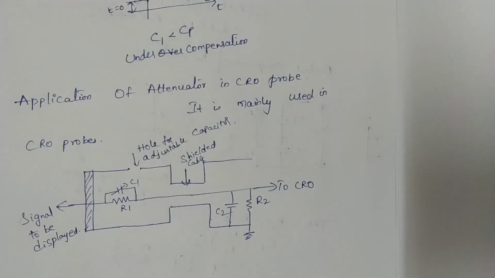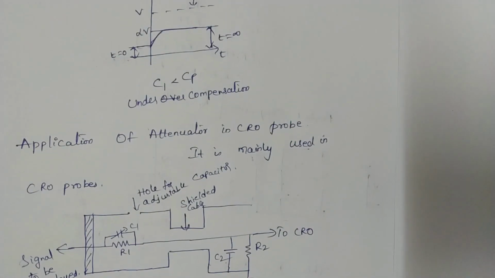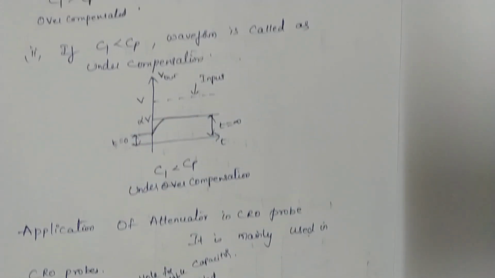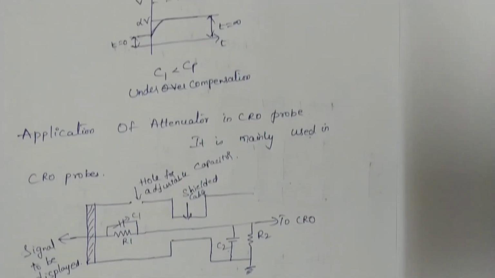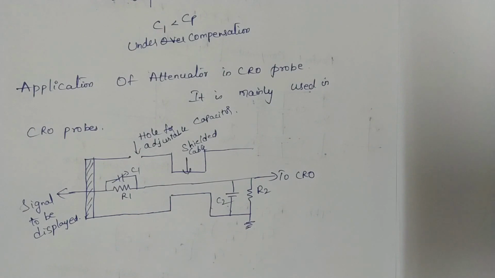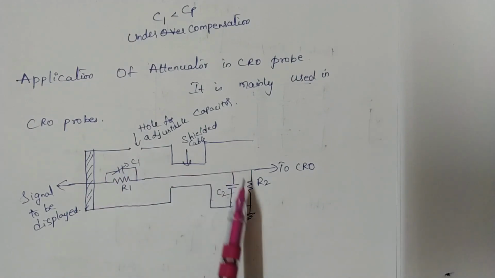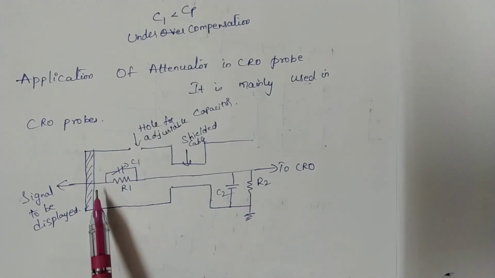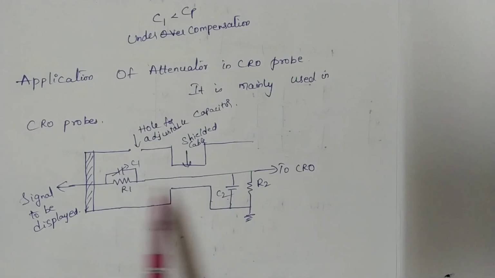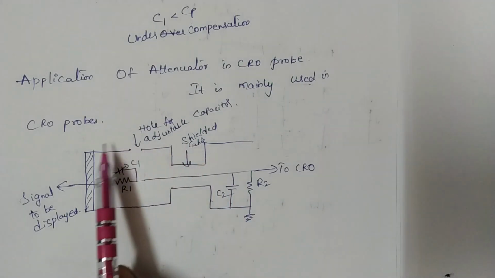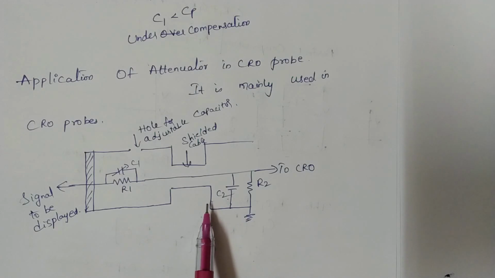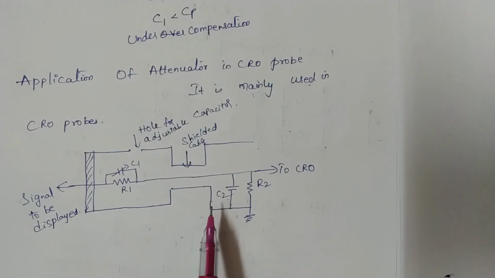We have seen the compensated attenuator, or perfect compensation, that is R1C1 equal to R2C2, and we also proved that. We also have the two conditions, overcompensation and undercompensation, and the major application of the attenuator is in the CRO probe. Here you can see the internal circuit of a CRO probe. This is the attenuator section, and the outer part is the shielded cable. Okay, thank you.